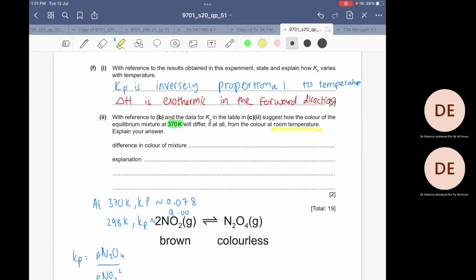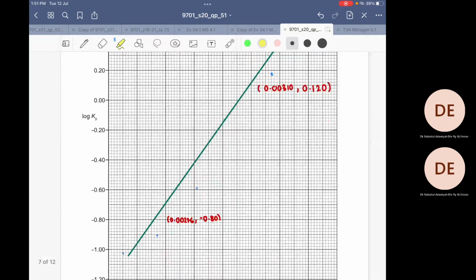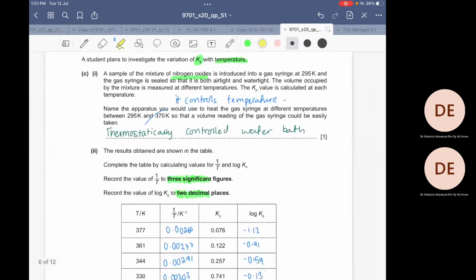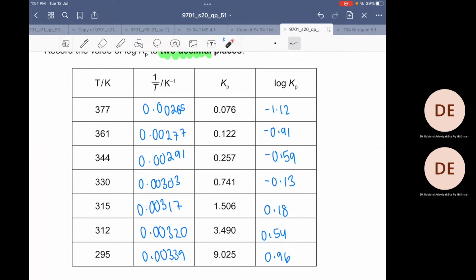And then at 298 Kelvin, the Kp is about 9. So that's a big number. I just used an approximate. 370 would be somewhere here, so at 370, the Kp is around 0.070. And then 298 is somewhere here, so around 9.